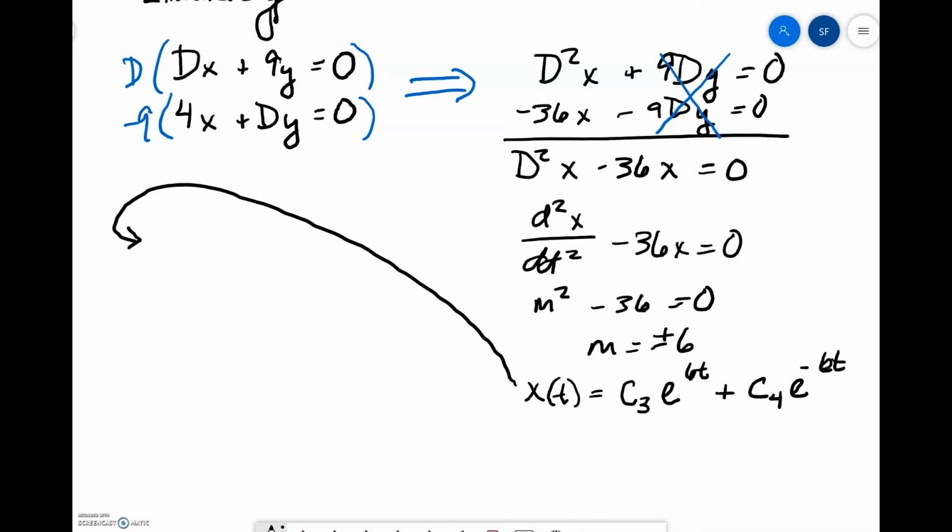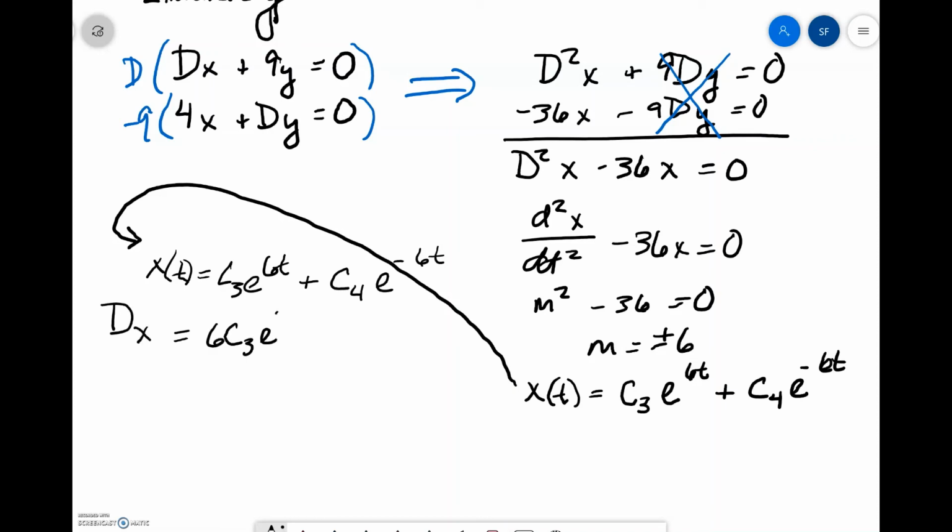So now we've got to do, because we're not done yet, is take this and plug it into one of our equations. Let's take this. So if x is c3 e to the 6t plus c4 e to the negative 6t, and I take the derivative of this, then I've got 6 c3 e to the 6t and negative 6 c4 e to the negative 6t.